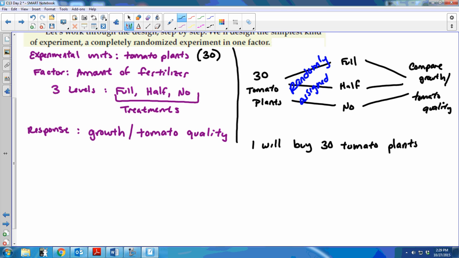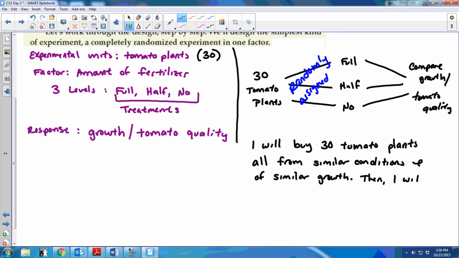I buy 30 tomato plants, all from similar conditions and of similar height. We don't want some tomato plants to be way larger than others. I mean, they're at different stages of growth. We want to get tomato plants that are as similar as possible.